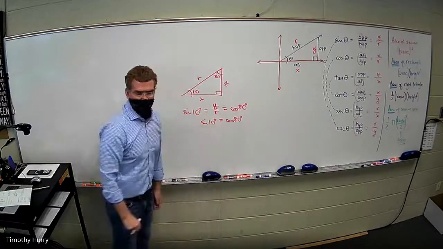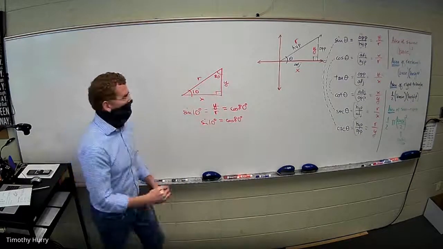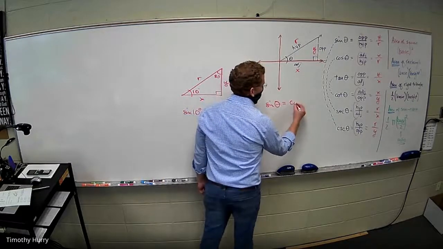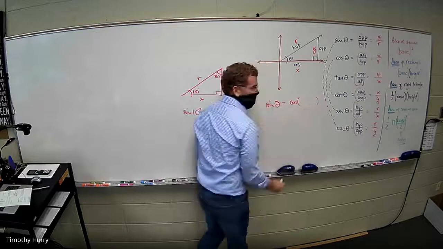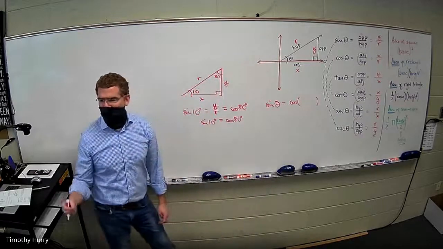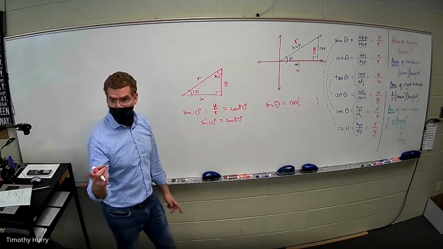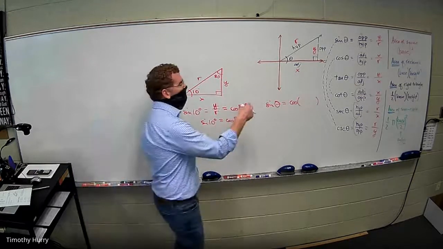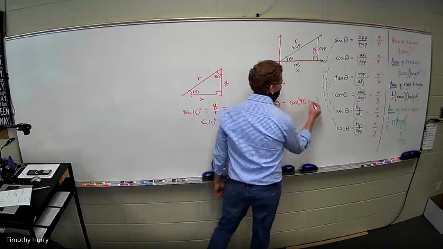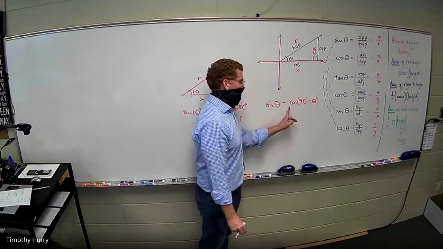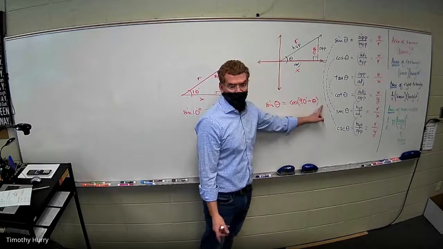Still complements. Well, there's this identity that says this. The sine of any angle is the cosine of what? How do you think I say complement? 90 minus theta. Think about it. Sine of 10 is cosine of 90 minus 10, which is cosine 80.